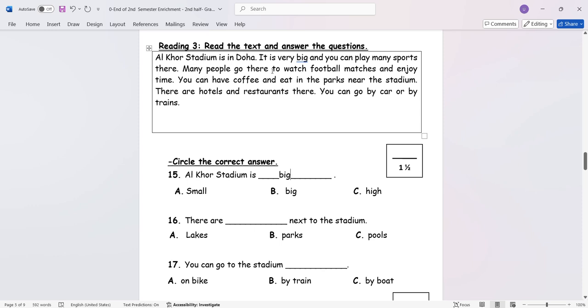Many people go there to watch football matches and enjoy time. You can have coffee and eat in the parks. So there are parks. What are there? Parks. The answer is B, parks.